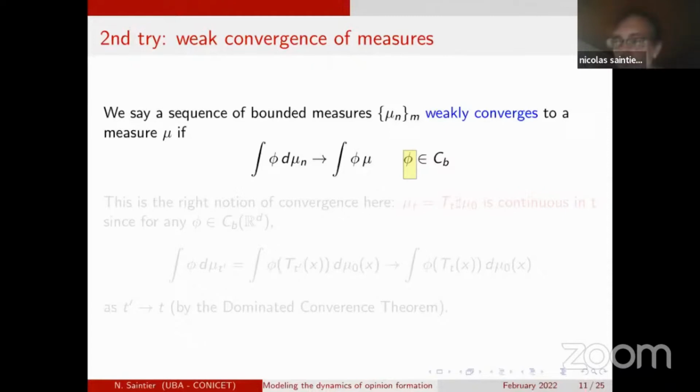Later today we will see a distance which gives you this weak convergence, the Wasserstein or Monge-Kantorovich distance. We will use one of them, but there are also a lot of distances giving you the weak convergence. And this is the right notion of convergence.